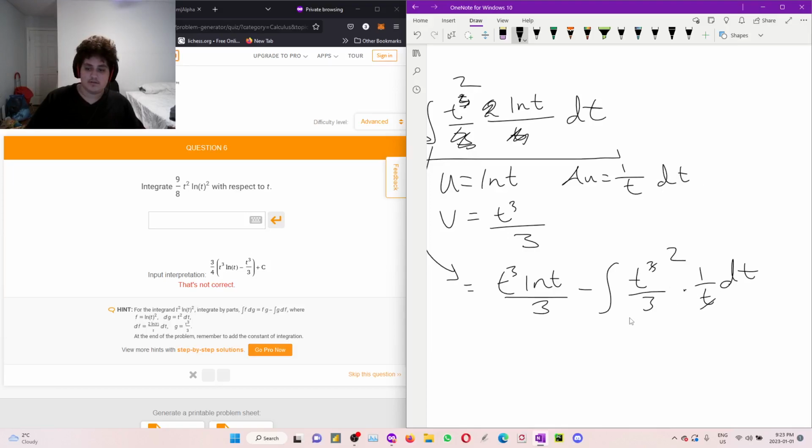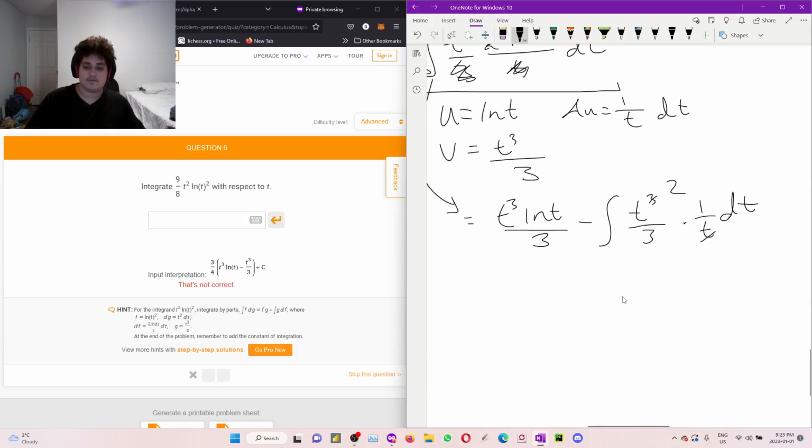And now this is solvable. Take out the third. It's just t cubed by 3, or by 9 if we combine it with this.